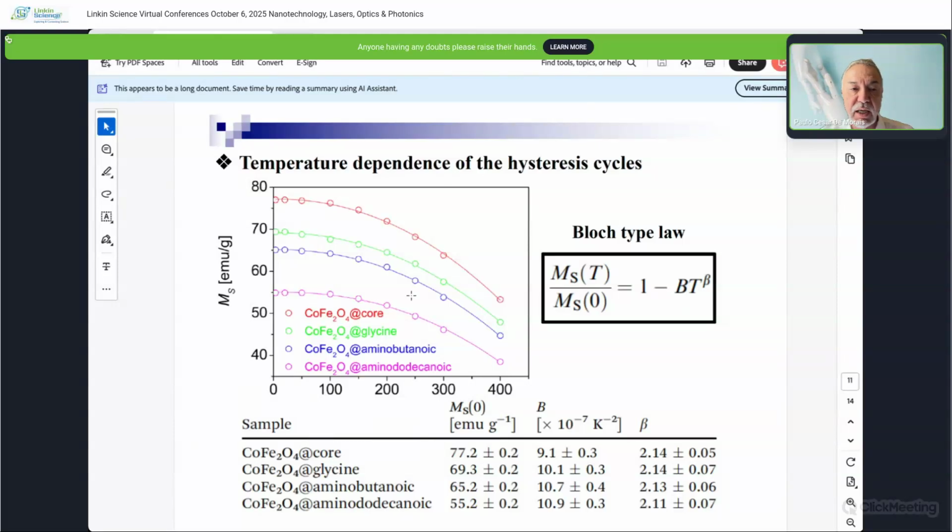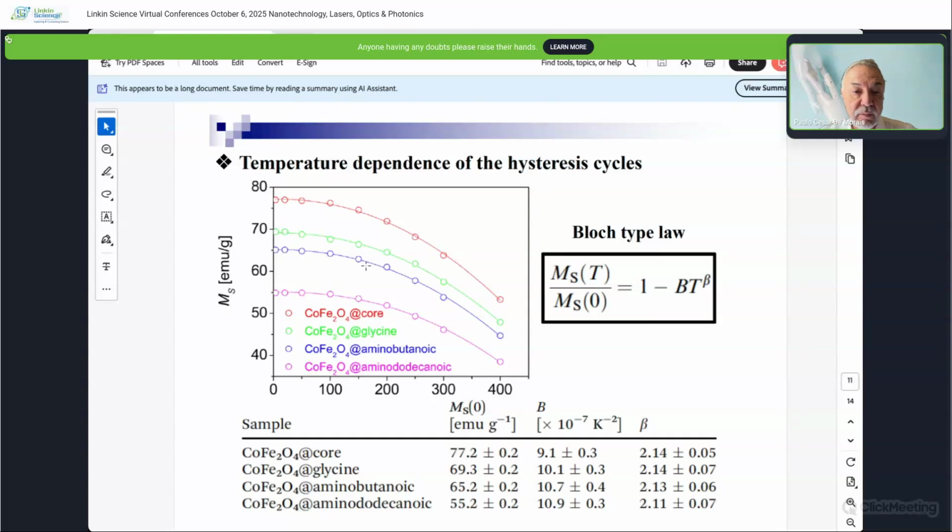If you look at the evolution of the saturation magnetization as a function of temperature from 4 K up to 400 K, you can see different samples in this plot. The upper data is the core cobalt ferrite nanoparticles. The green one, the second one, is the surface coating with a 2 carbon chain, glycine.